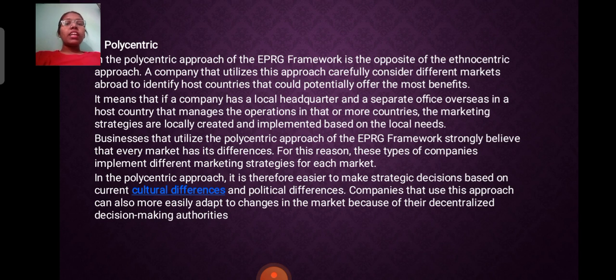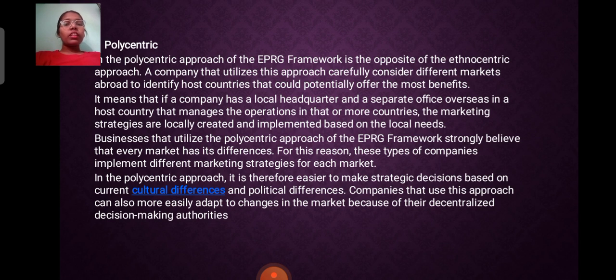A business that utilizes the polycentric approach of the EPRG framework strongly believes that every market is different. For this reason, this type of company implements a different marketing strategy for each market.